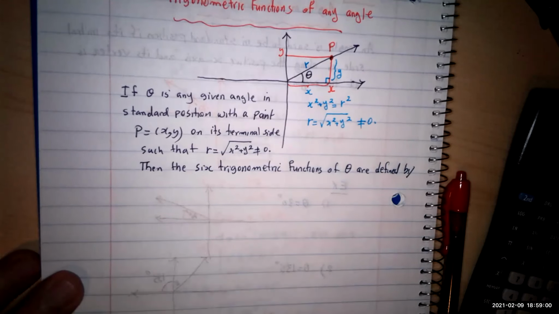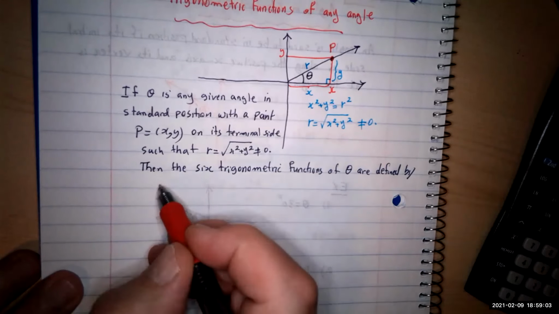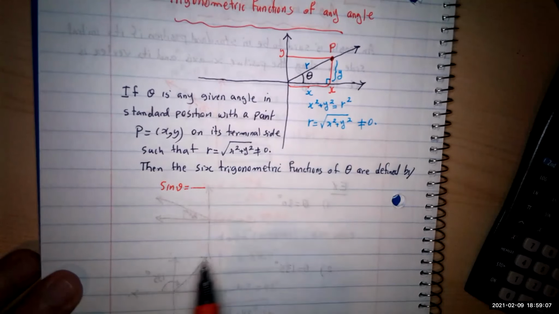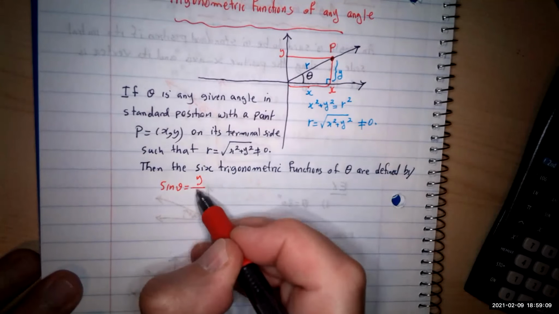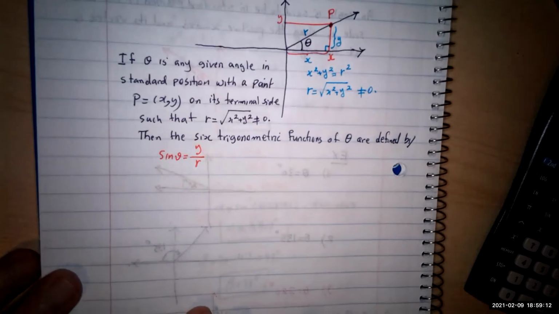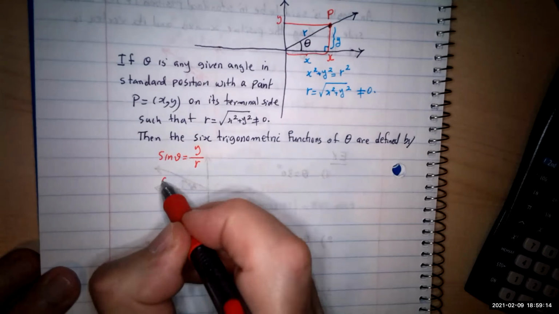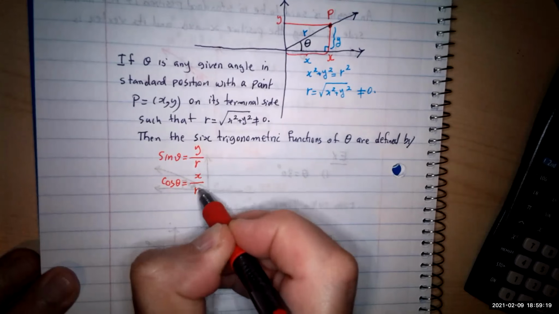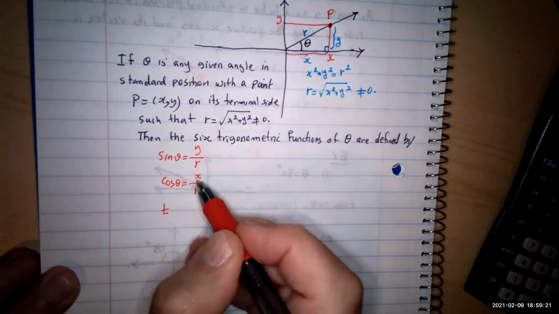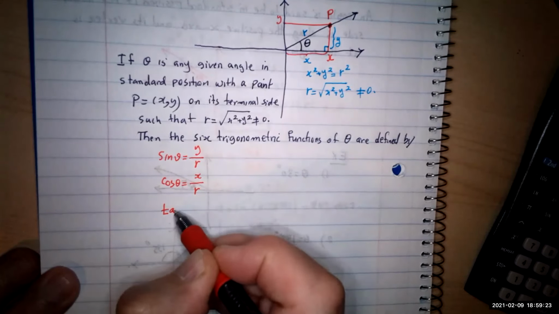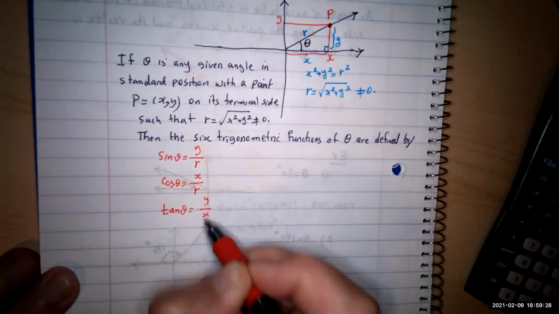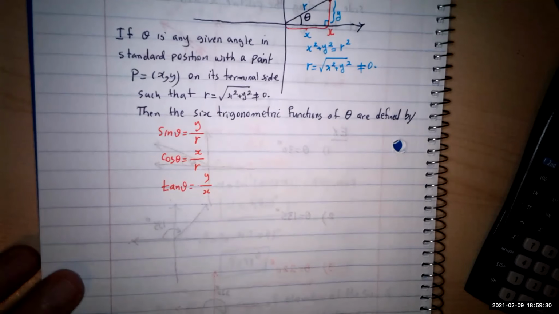We can define the first three. The sine of theta is the opposite over hypotenuse, y over r. Then we can define the cosine. The cosine of theta is adjacent over hypotenuse, which is x over r. And the tan, you divide these two, y over x. The tan of theta is y over x. Then you know that the others can be defined just using the reciprocal.